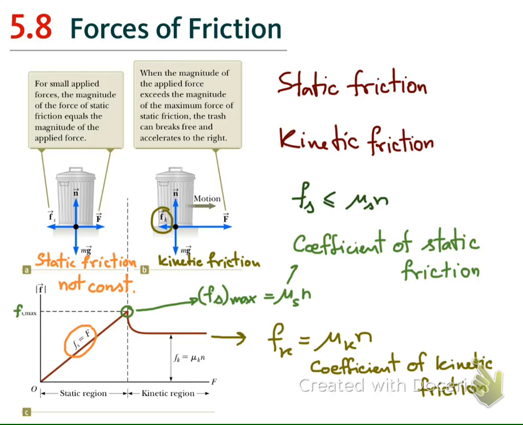Now we can see from this graph that the kinetic friction is different from the static friction. It is a constant. It does not depend on the applied force, but once the object moves, the kinetic friction is a constant.